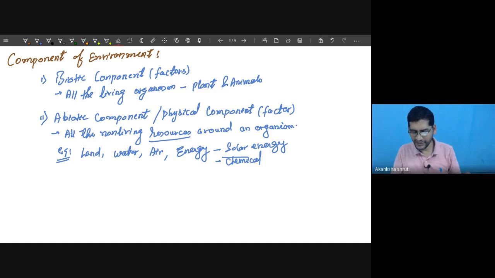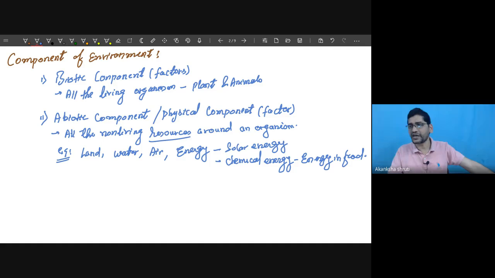Which kind of chemical energy is present here? Yes, student? Student, energy in food. What is that? We have learned in the biology first chapter, nutrition.